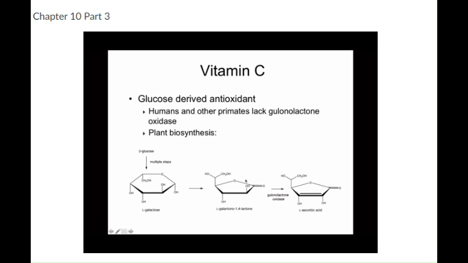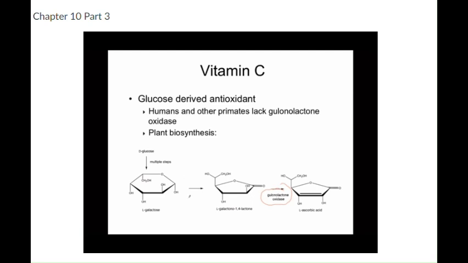I completely forgot I had the slide of vitamin C right here. So basically, we as humans require the dietary intake of vitamin C, and that's because we lack an enzyme called gulonolactone oxidase. This is the step catalyzed by gulonolactone oxidase.